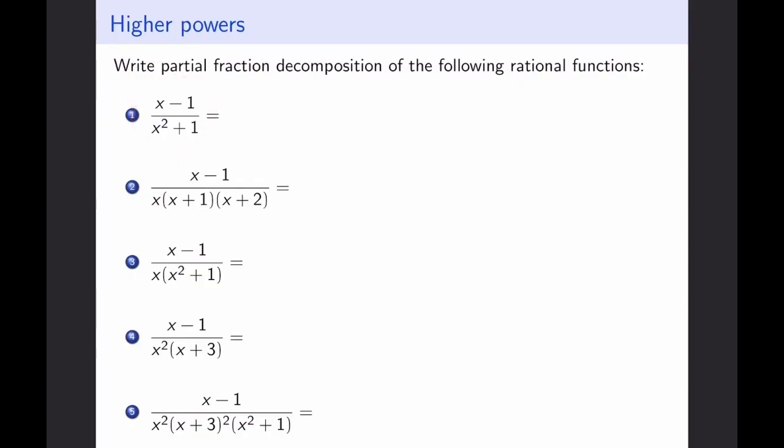I have x minus 1 divided by x squared plus 1. If I am to break this up into fractions, that means that I have to factor out the denominator. Now here, though, it's x squared plus 1. If I want to factor it out, I can also set it to be 0 and see what the roots are. But if I set it to be 0, I end up with the equation x squared is equal to minus 1, which of course has no solutions because nothing squared can ever be negative.